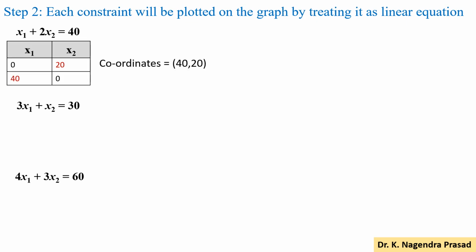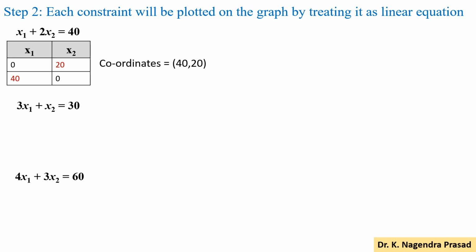First we consider x1 equal to 0 and substitute in the equation. Then x2 value is 20. Similarly, consider x2 equal to 0 and substitute. Then x1 value is 40. Then the coordinates of this equation are 40, 20.